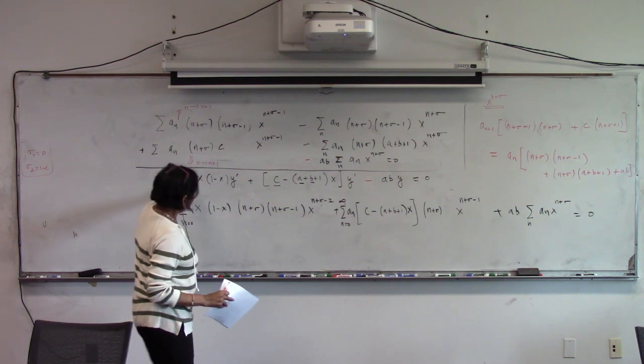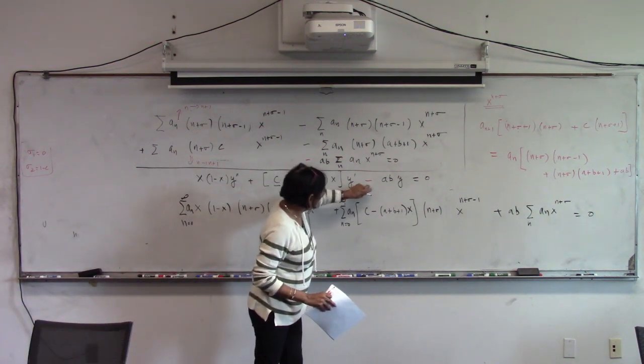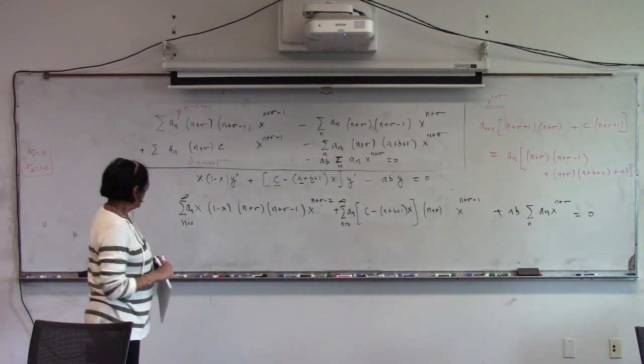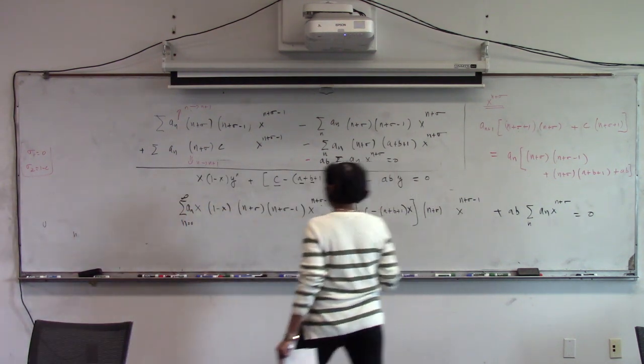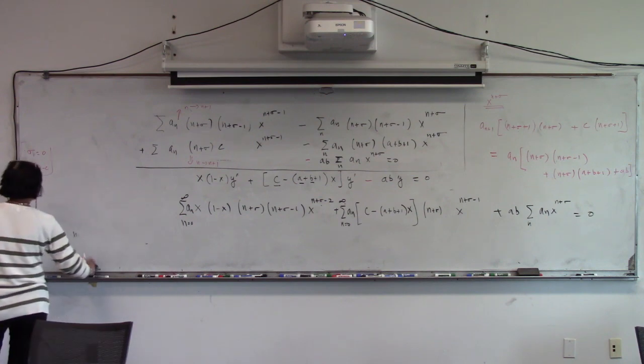So the hypergeometric differential equation is with a negative ab y. All right, so this gives me a recursion relationship, and let's see what that is.